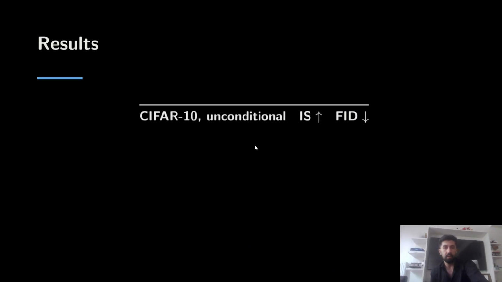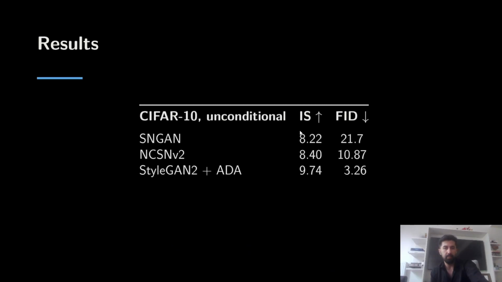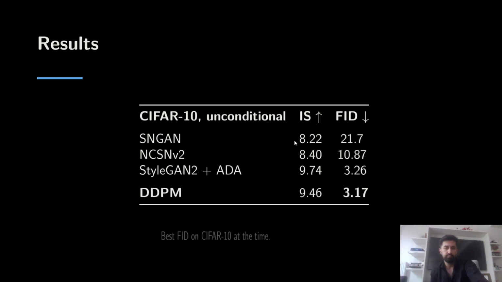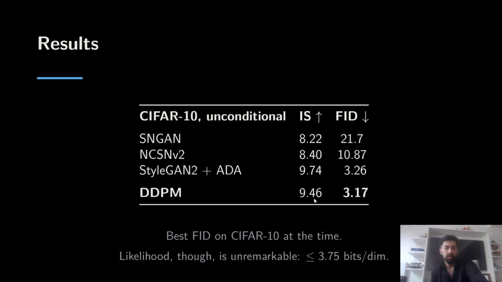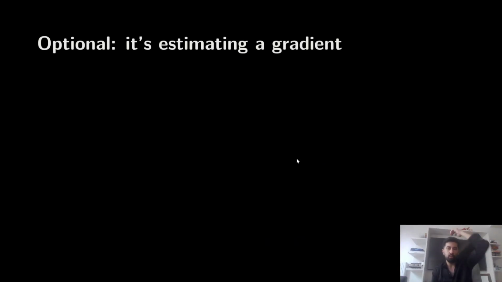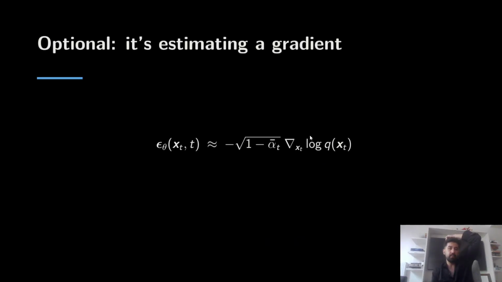These are the results of the paper. They tested it on CIFAR-10 at the time, and it was a bit slower than GANs.